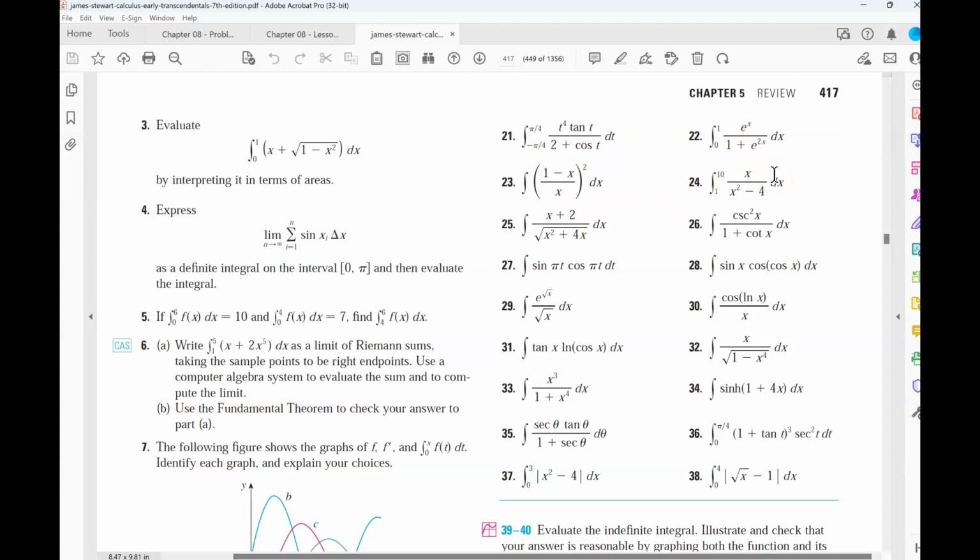23. What would you pick as your sub? X. X over X. How do you do that integral, though? No, you're right.